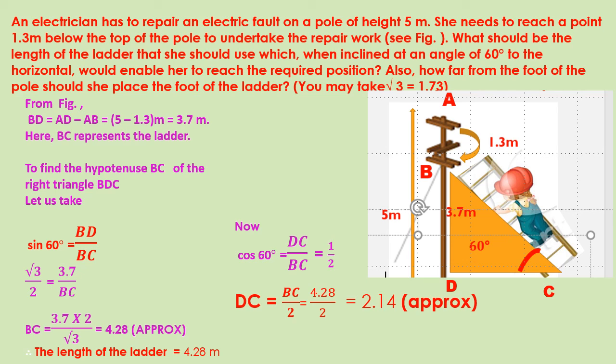I have just transposed this 4.28, which is the value of BC, to the numerator. So BC upon 2 is equal to 4.28 upon 2. In the denominator, we are already having 2. So 4.28 upon 2 is 2.14.